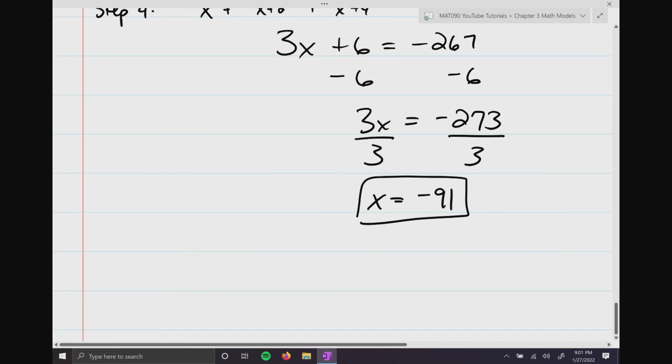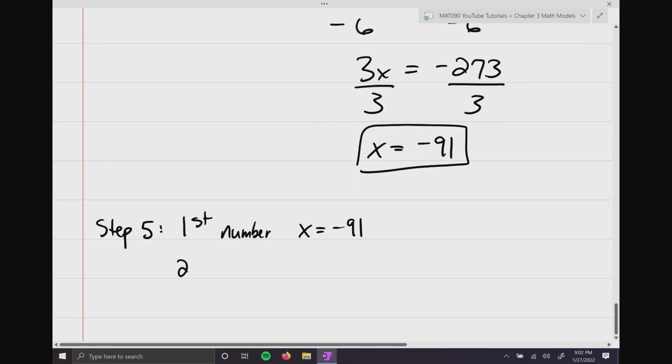Step 5, let's go ahead and make sense of it. So our first number, x equals negative 91. Our second number has to be negative 91 plus 2, which is going to be, and this is where you got to be careful, because you got to actually think about this.